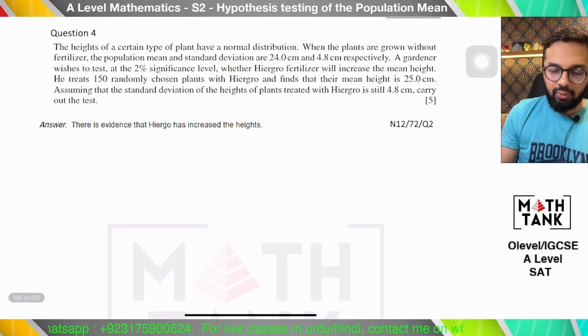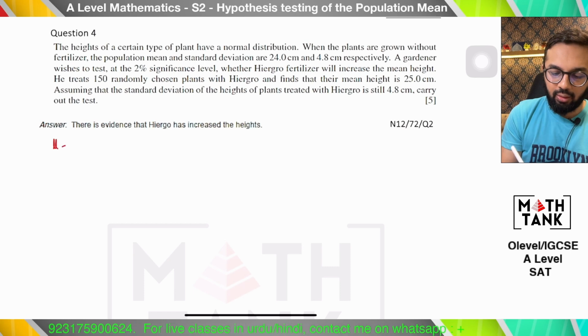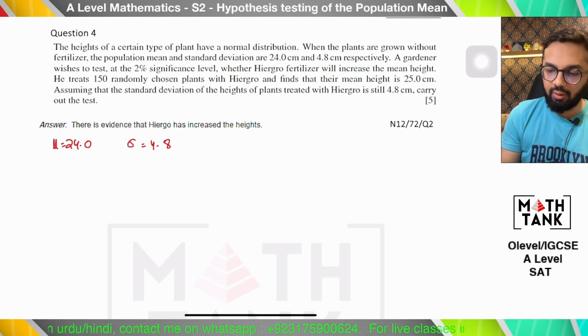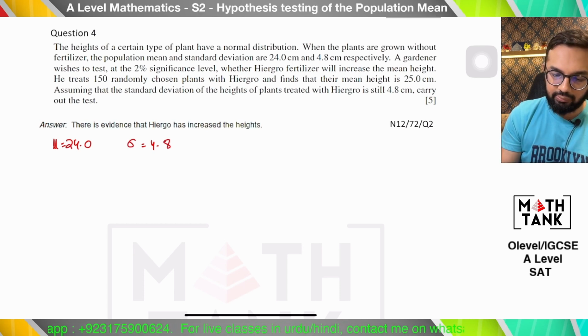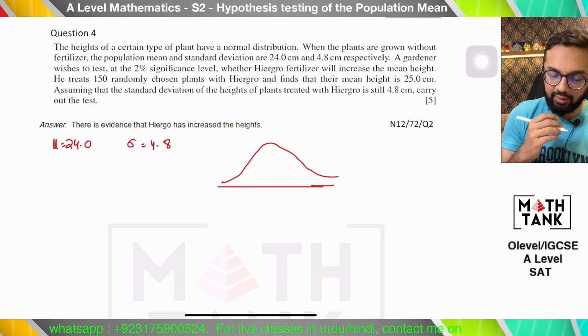Okay, moving on to question number 4. It says the heights of a certain type of plant have a normal distribution. When the plants are grown without fertilizer, the population mean and standard deviation are 24.0 and 4.8 respectively. A gardener wishes to test at the 2% significance level whether hygro fertilizer will increase the mean height.